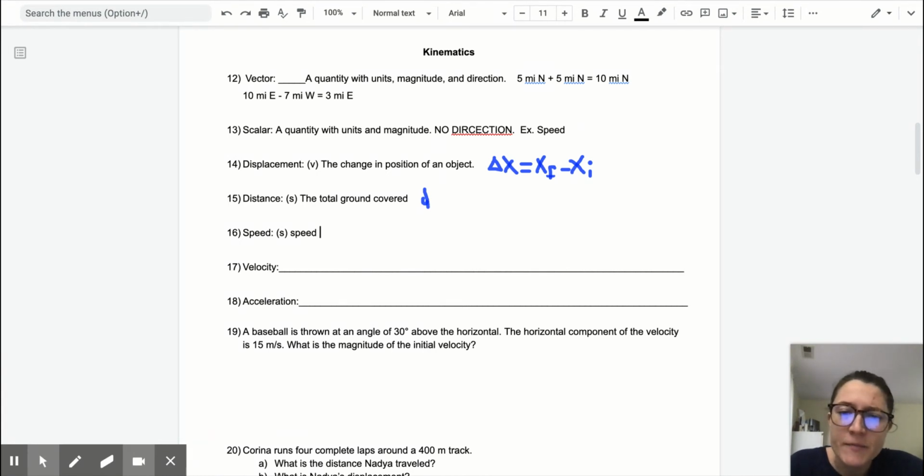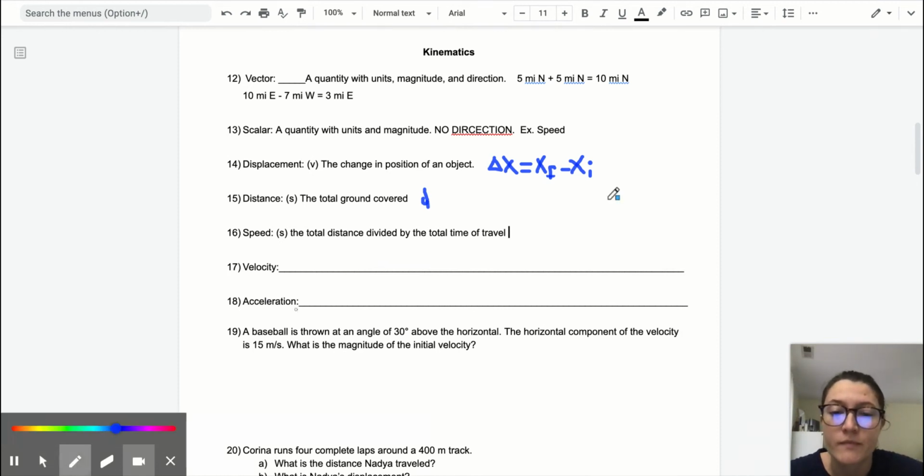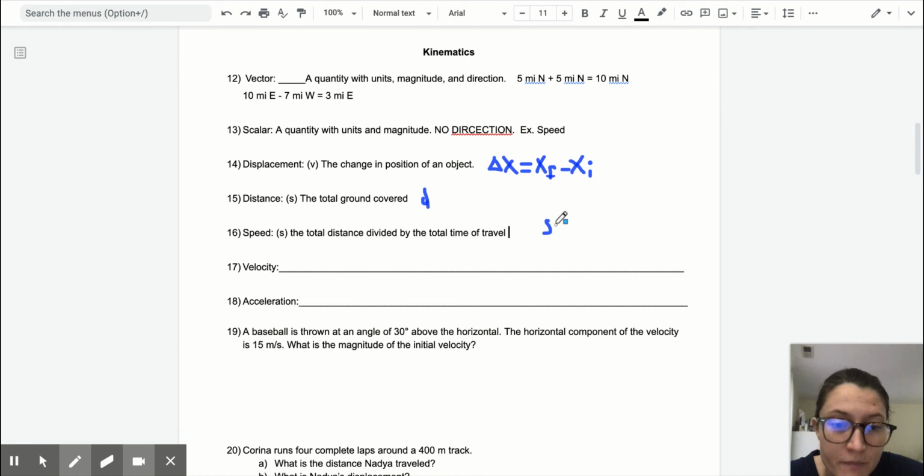So speed is the total distance divided by the total time of travel. Even if the object stops moving, that time is included in its travel time. So it's the entire distance, every step taken, divided by the entire time it took to move that distance. So speed is distance over time.